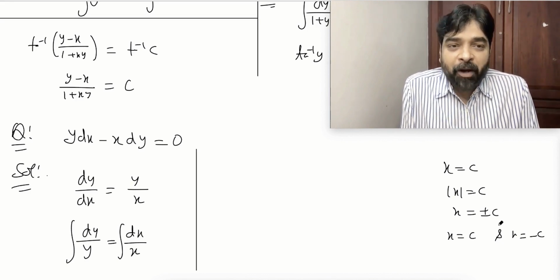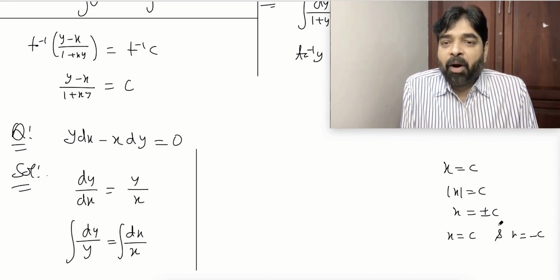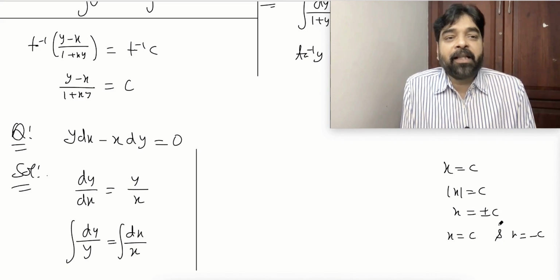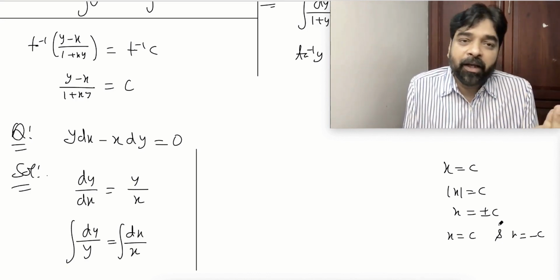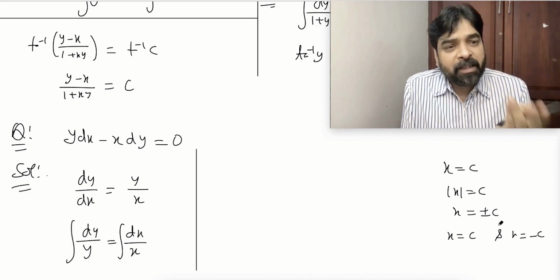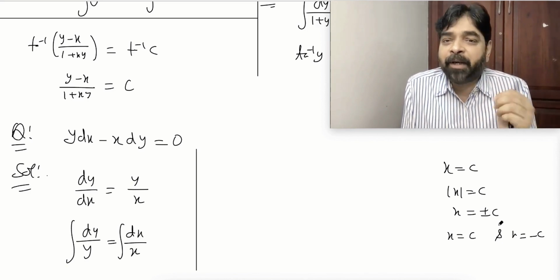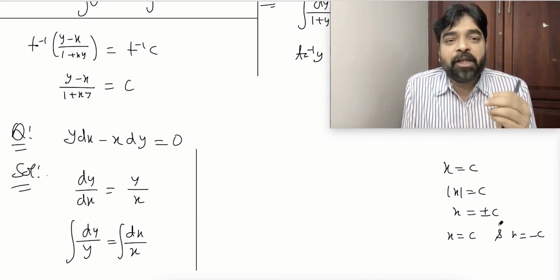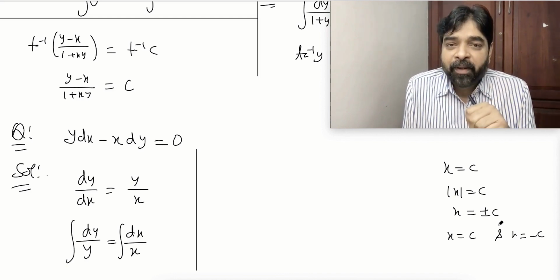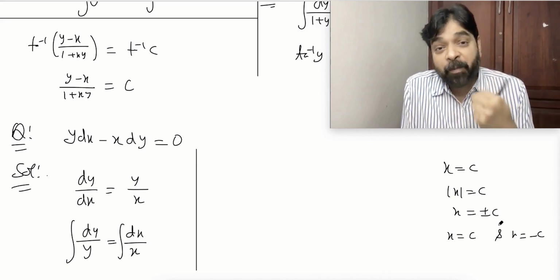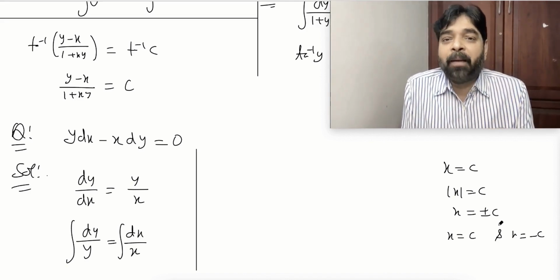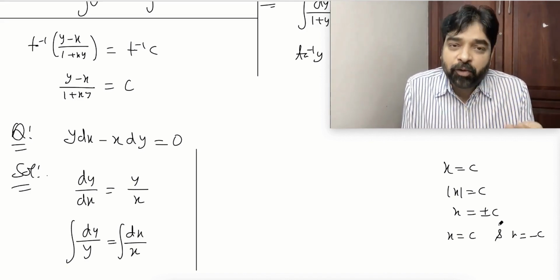Did you understand the point? When we write mod x equal to c, we'll say that there are two families: one family x equal to c and another family x equal to minus c. But when c is an arbitrary constant, minus c is also c and plus c is also c. So in fact both are the same family. But if you apply mod, you will try to say that there are two families.